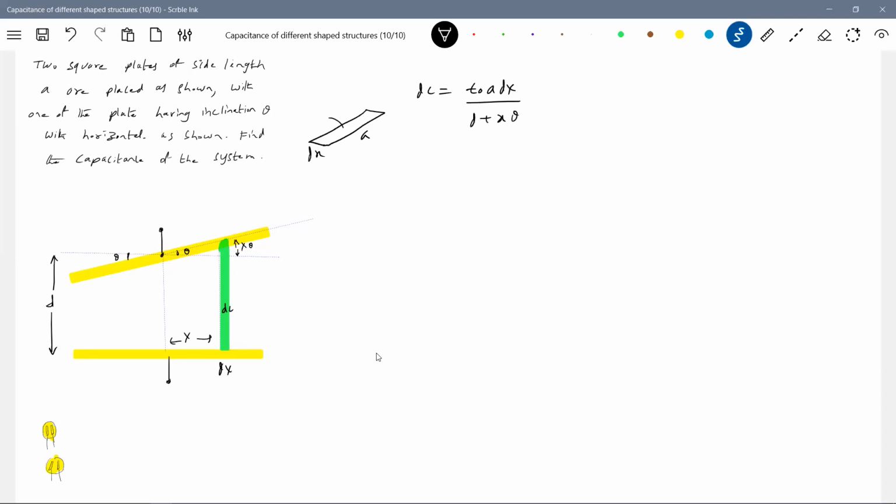Any limits? Shall I go for x? This distance here, this is x equal to 0, x equal to a by 2, and this is x equal to minus a by 2. So the limit should be epsilon naught a dx by d plus x theta from minus a by 2 to plus a by 2.